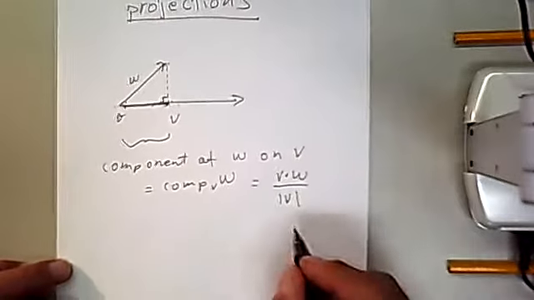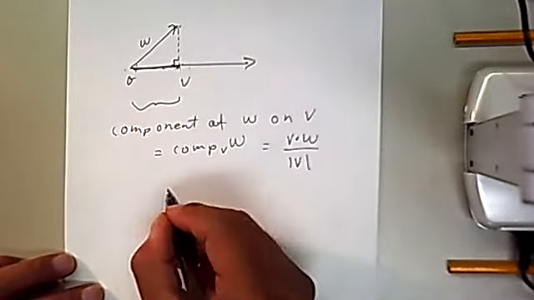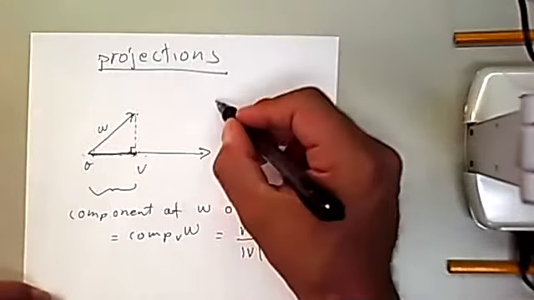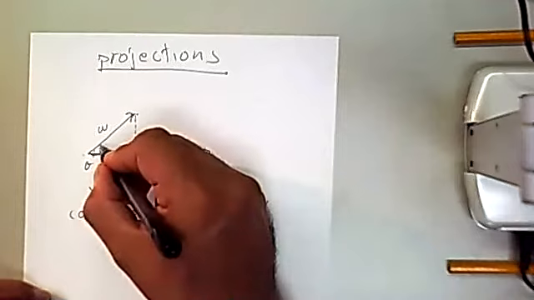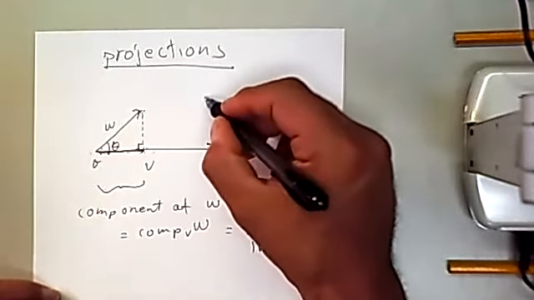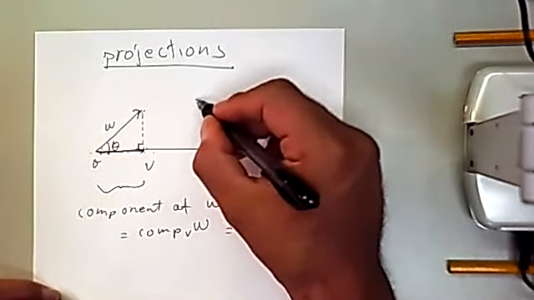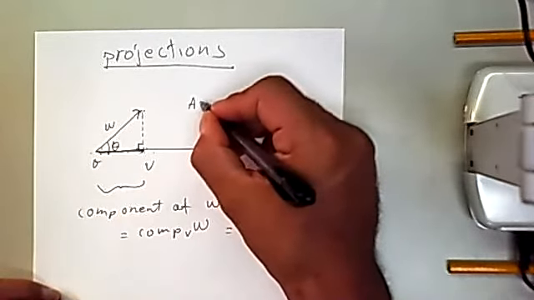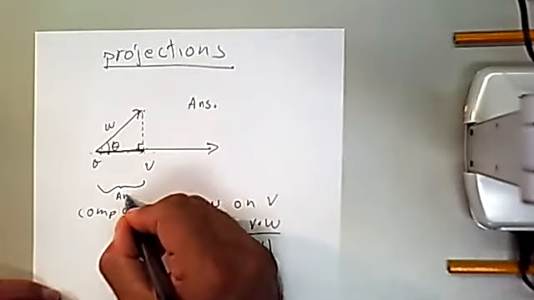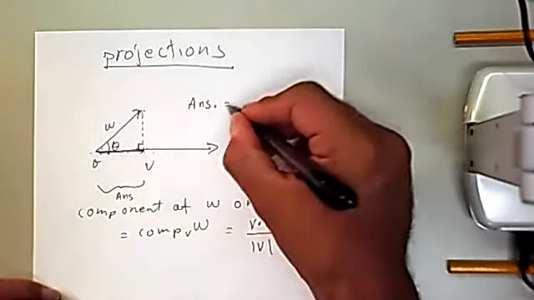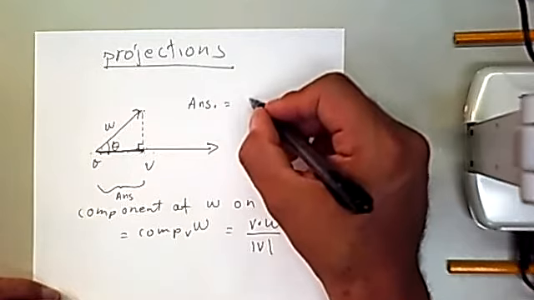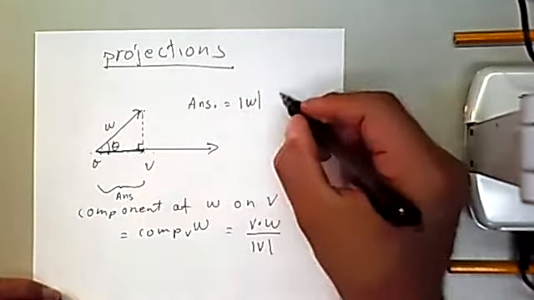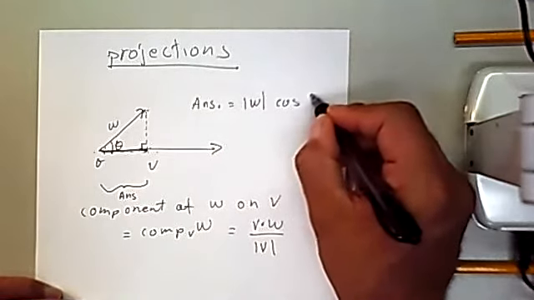Okay, so let's derive why. Initially, if we wanted to know this distance, and this is a right triangle, and this is theta, let's just call this distance the answer for now. The answer for this length is the magnitude of W, which is the hypotenuse of this triangle, times the cosine of the angle.